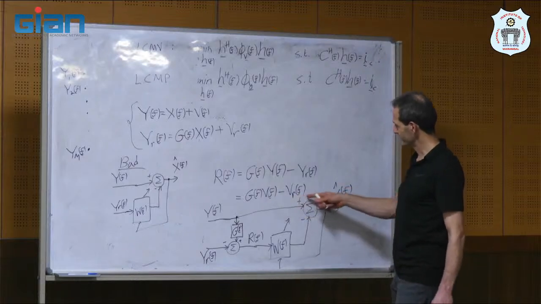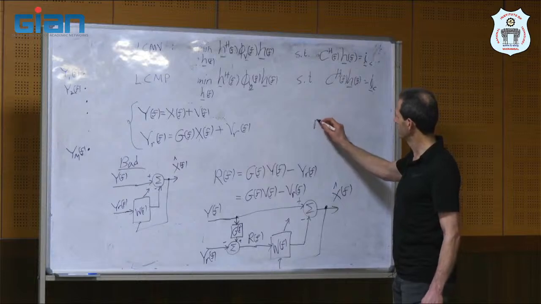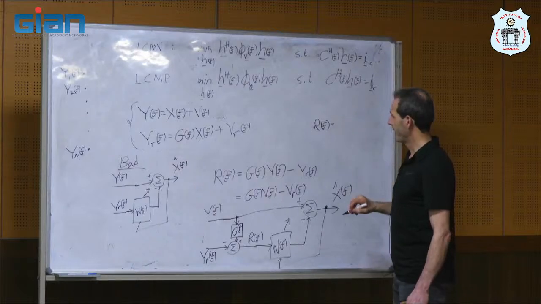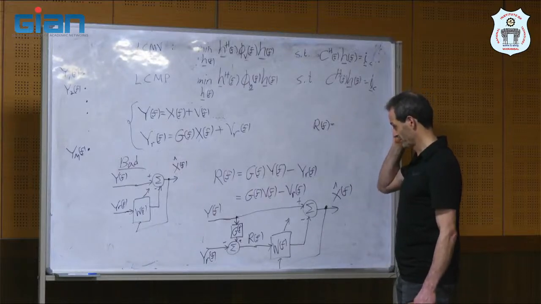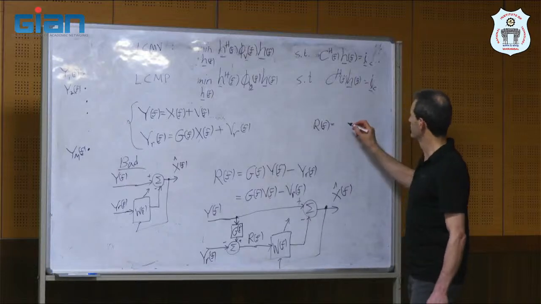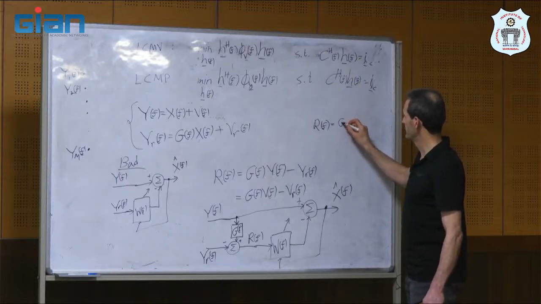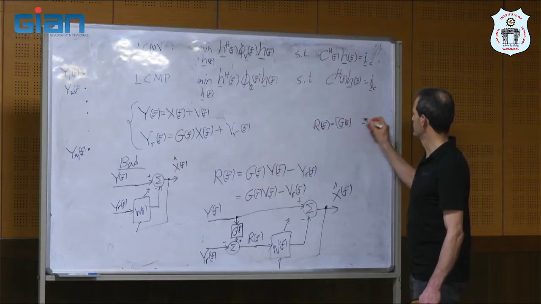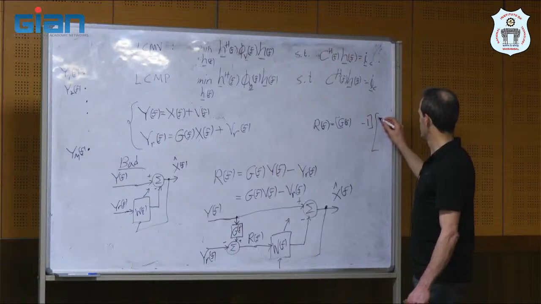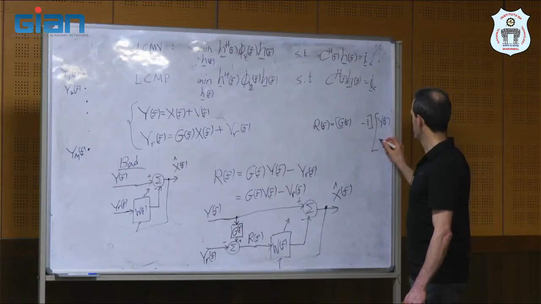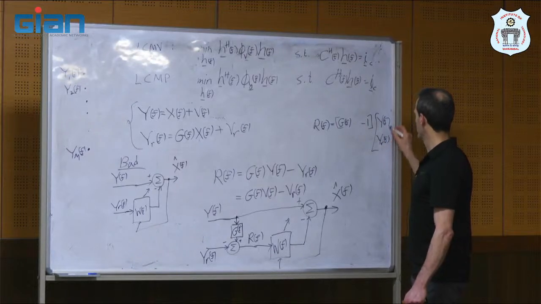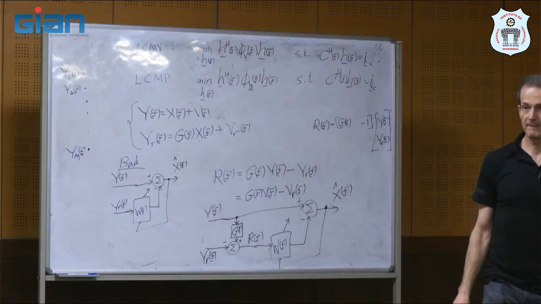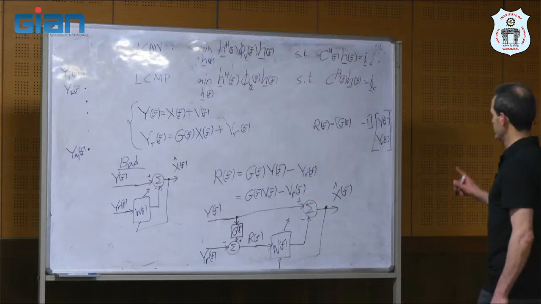So we can write RF as GF minus 1 times YF, YRF. Okay? I write it like this.